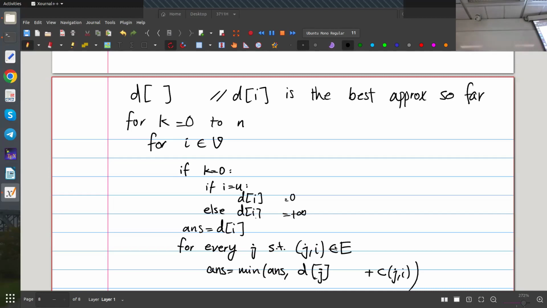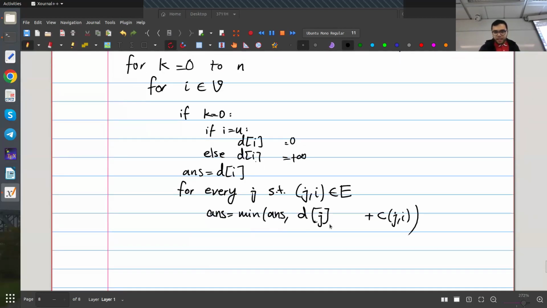Now, here's the thing. When I set d_i to some value, it means that I found a path to vertex i that had that particular cost, right? Now, this path could have any length. But if that's the case, then whenever I'm doing this, the distance that I'm getting to vertex i is not less than the actual distance in the original graph, right? Because what am I doing here? I'm saying I had some approximation of the distance to vertex j.